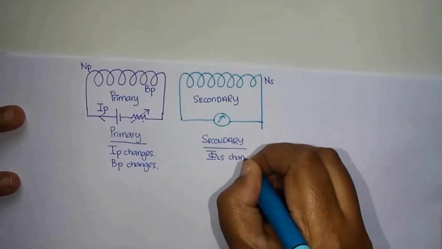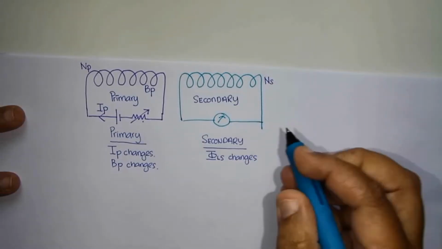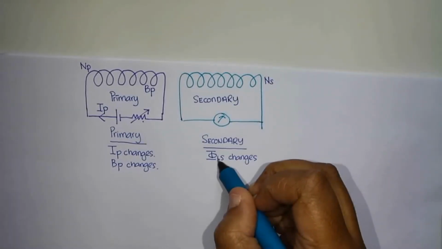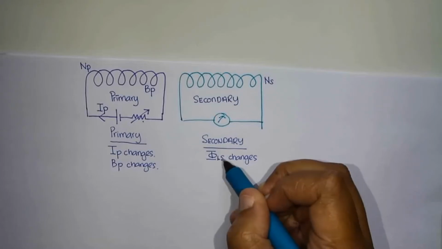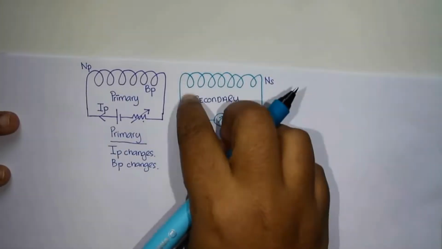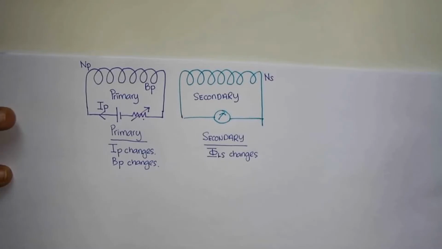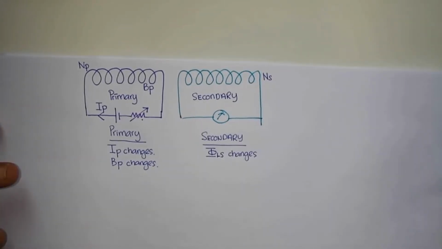I'm going to put LS, where L is linkage and S is the secondary coil, so that you will understand the concept here.